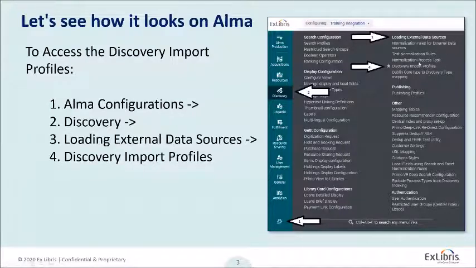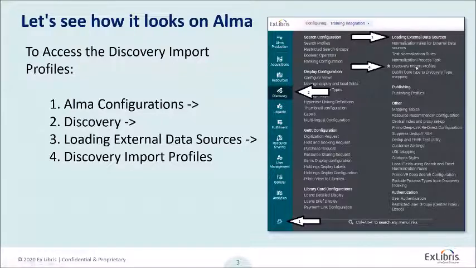And here we have the option to assign the normalization rule that we just created under the normalization process task. We can assign it to a task and then assign that task to the import profile, and direct the import profile to use the normalization rule that we just created.